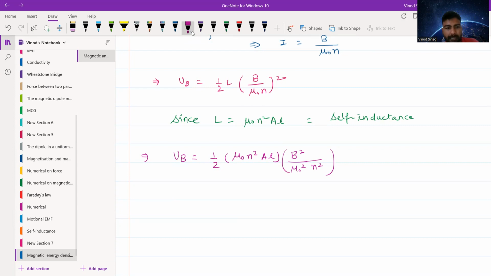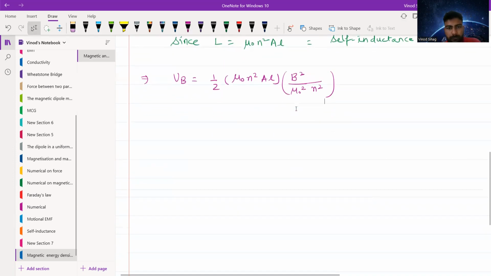So finally we will get the equation as UB equals 1 by 2 B square upon mu naught into A into l.